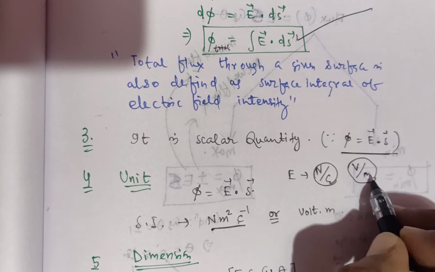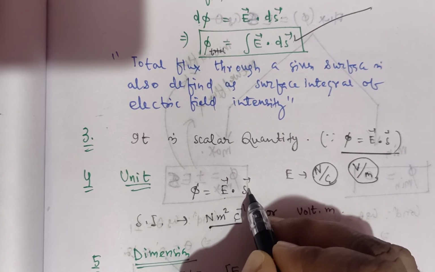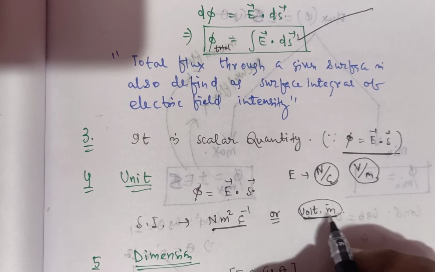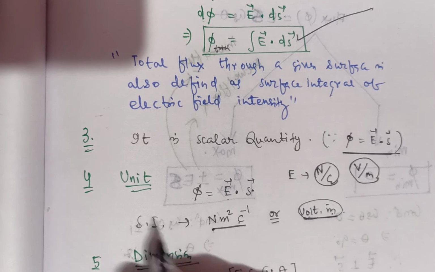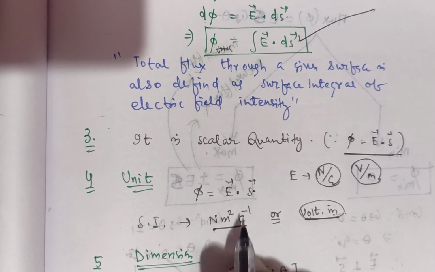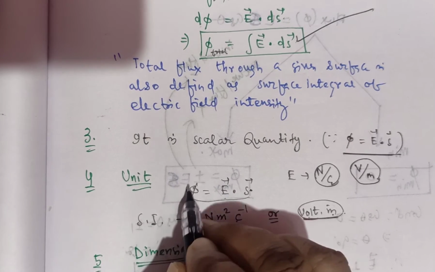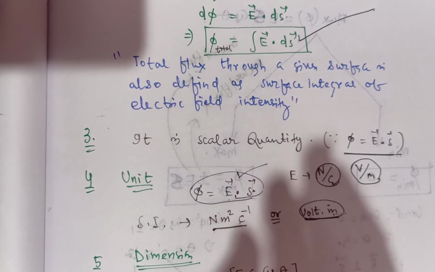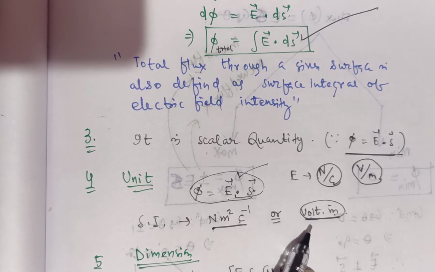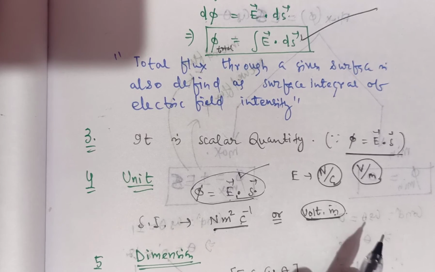If you will put volt per meter into meter square, then it will be volt into meter. So there are two types of unit. You can remember any one, or if you do not remember, you can calculate the unit from this formula. So one is Newton meter square coulomb inverse, or you can say volt into meter.